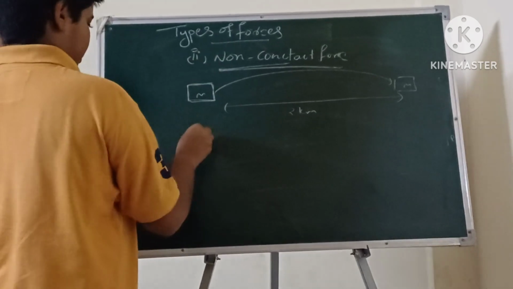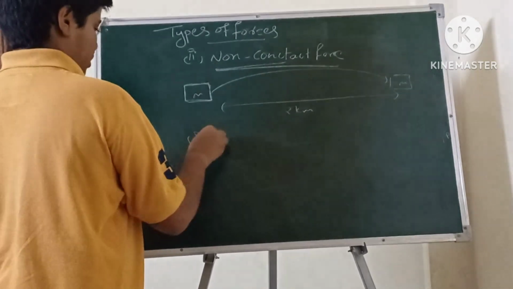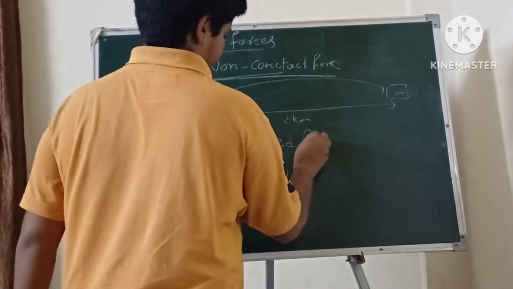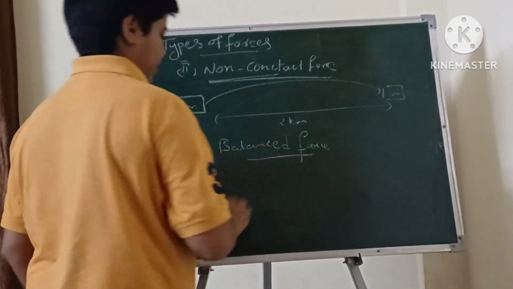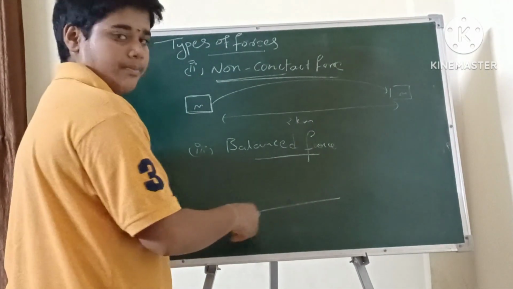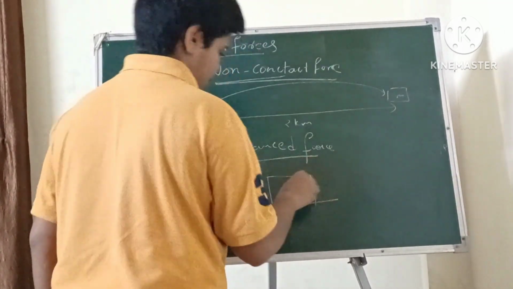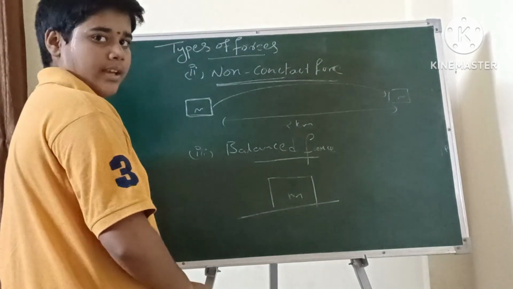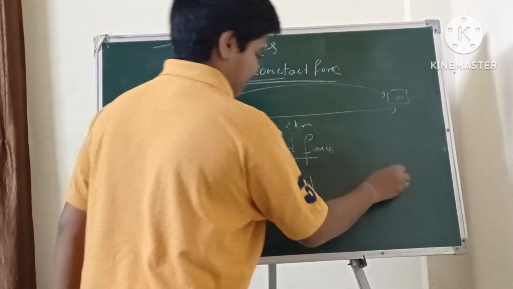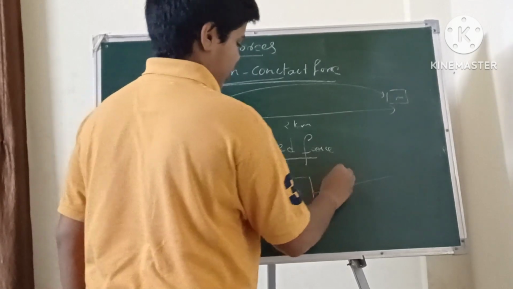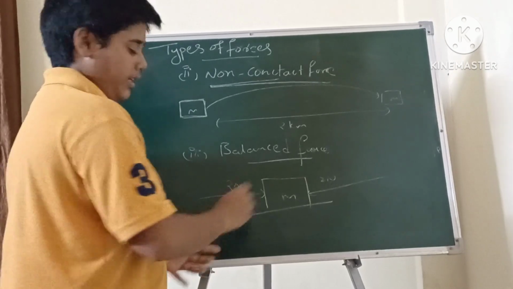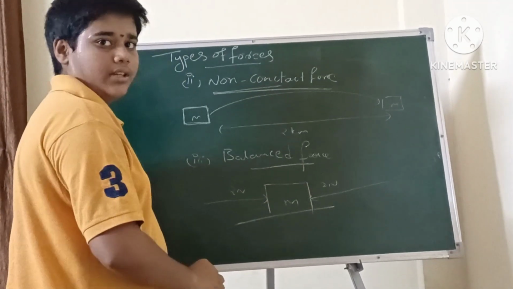And third types of forces. Balanced force. Balanced force means I am taking this is a normal surface and this is an object. I am applying some force on this direction 2 newtons and applying some force on this direction 2 newtons. The body is equilibrium, means it stays on this state only.